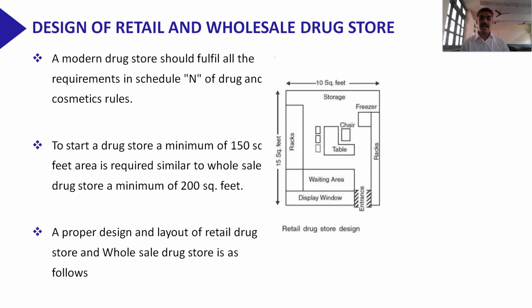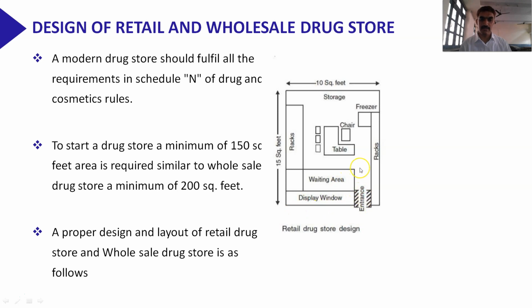First, let us understand the retail drugstore. We can see the image of the retail drugstore here. We can see 15 square feet by 10 square feet, which is the 150 square feet minimum area. There is a freezer, a storage area, racks, a waiting area, and display windows.